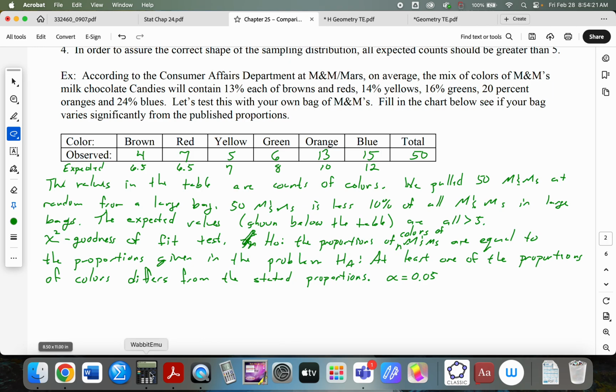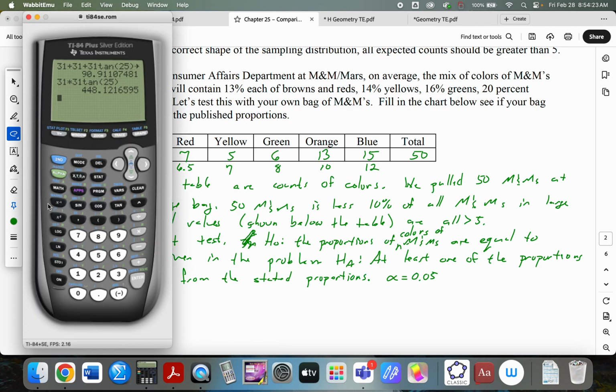So I'll show you how this works on the calculator. I'll do it on both calculators. First on the TI. We go into stat and then into test and then scroll all the way down to chi-squared goodness of fit test.